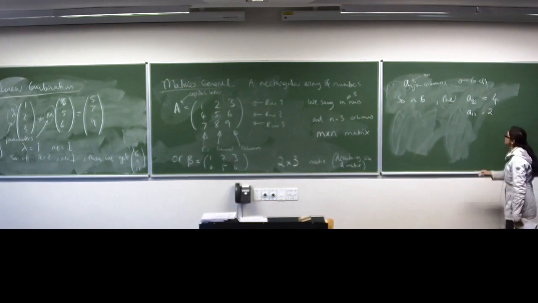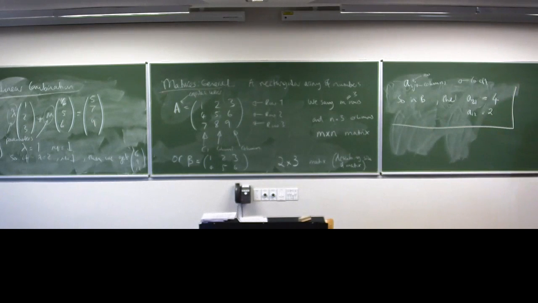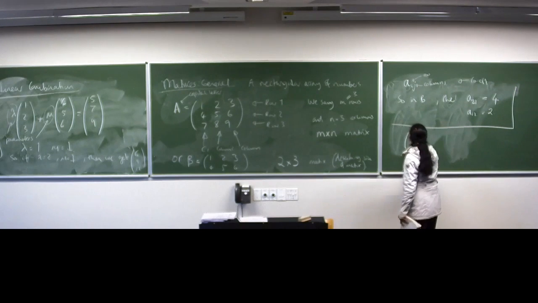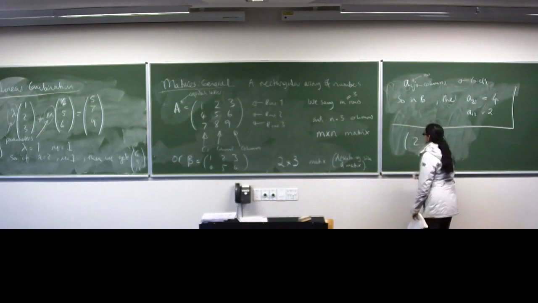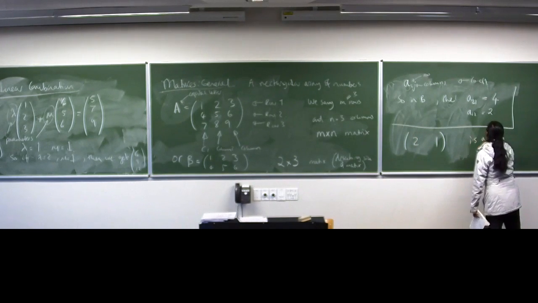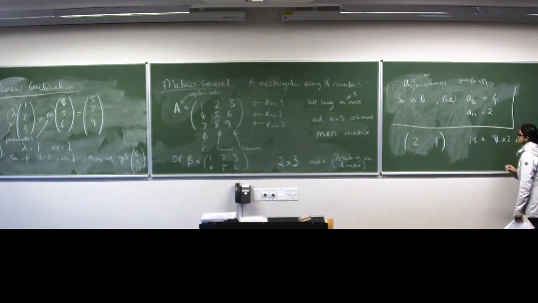All right, what else can I say? In general, this is also a matrix, right? What size is this matrix? 1 by 2. 1 by 2 matrix. All right.